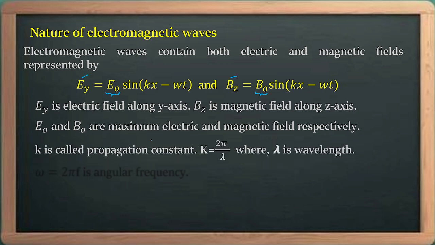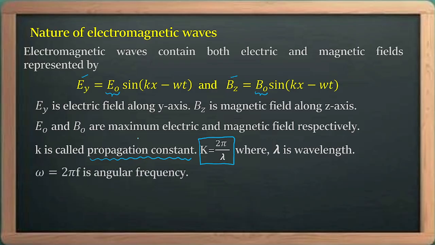K is called the propagation constant, and this is a very important formula: K is equal to 2 pi by lambda, where lambda is the wavelength, and omega is 2 pi f. This can also be given by 2 pi by T.